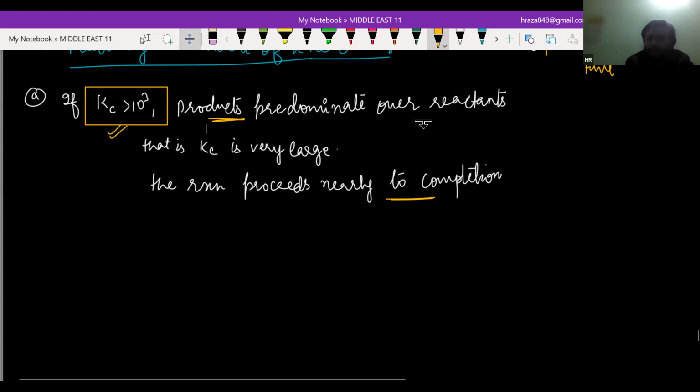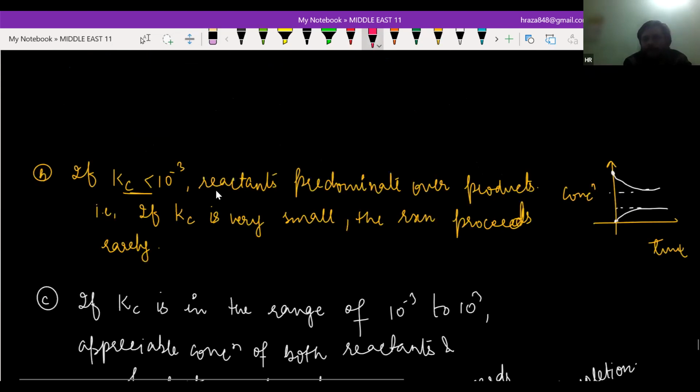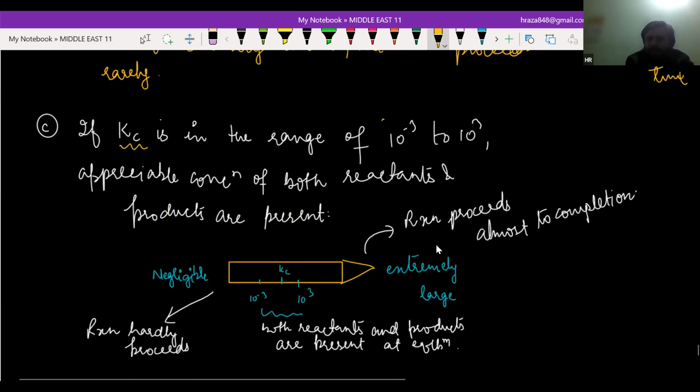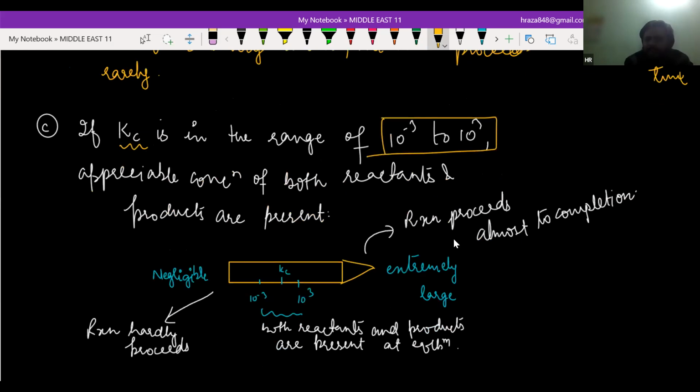And if the value of Kc is lesser than 10 raised to the power minus 3, reactants predominate. That means the reaction hardly or rarely proceeds to the right-hand side. And if the value of Kc is in the range of 10 raised to the power minus 3 to 10 raised to the power 3, the reactant and product concentrations are both appreciable. That means comparable, you can say.